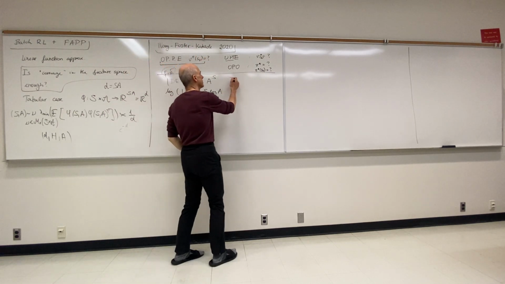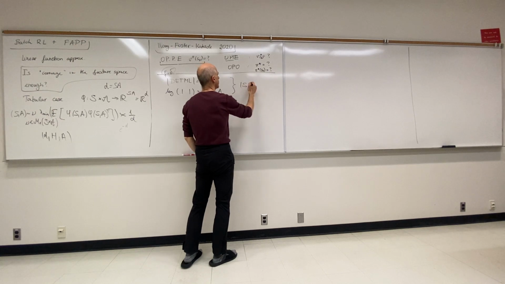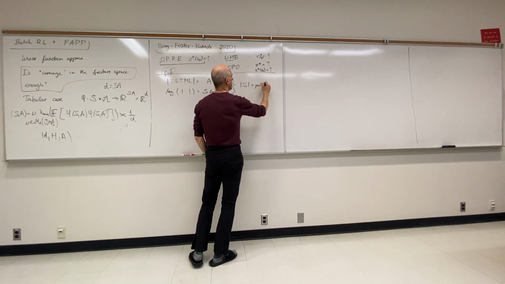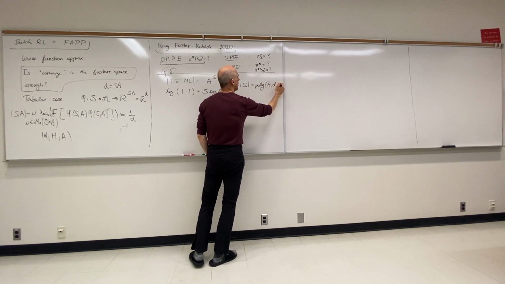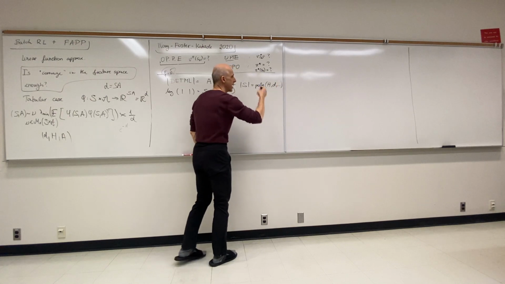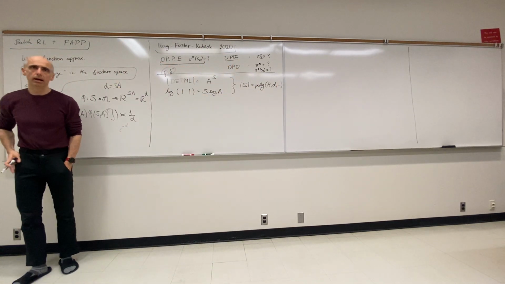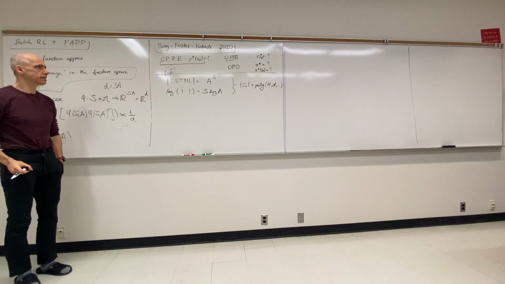Here there is a caveat that S should be polynomial in the relevant quantities. Maybe A and 1 over epsilon and log 1 over delta. Those are the usual culprits.